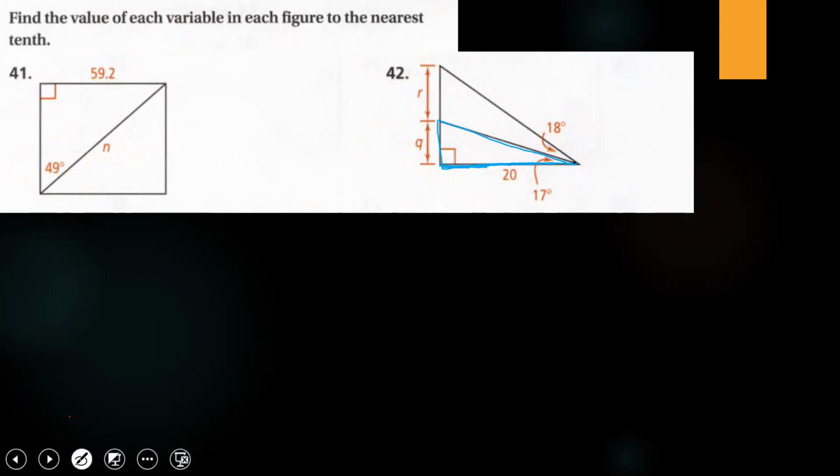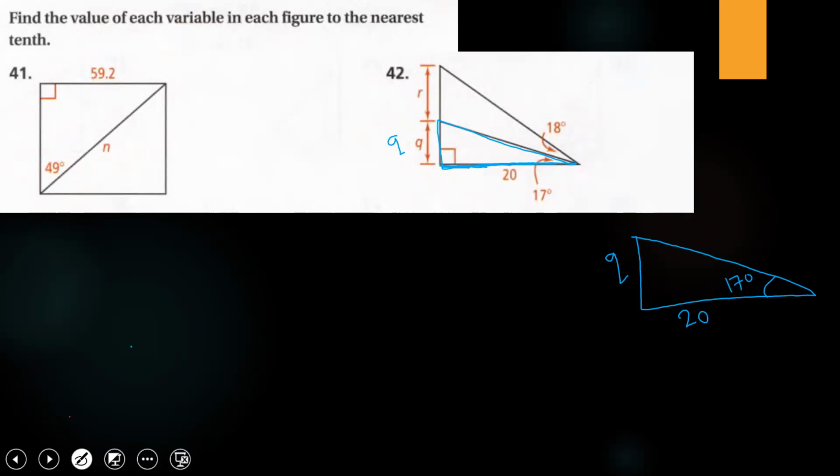For the small triangle, this is Q, this is 20, and this is 17 degrees. And I need to find Q.